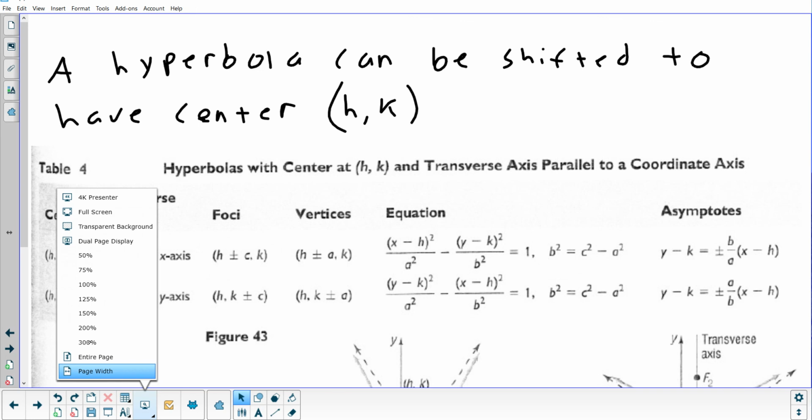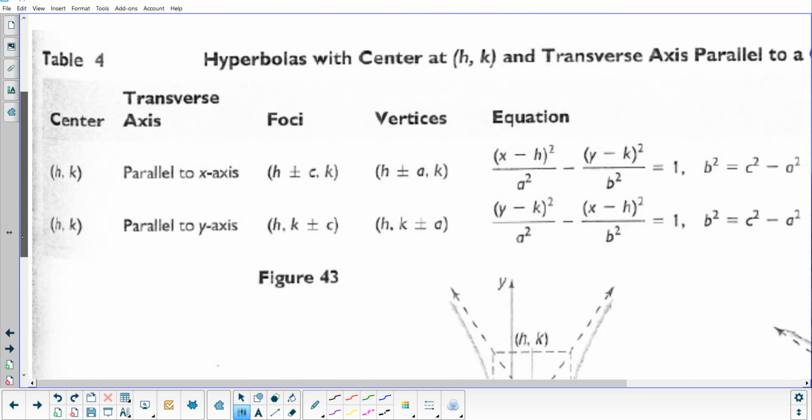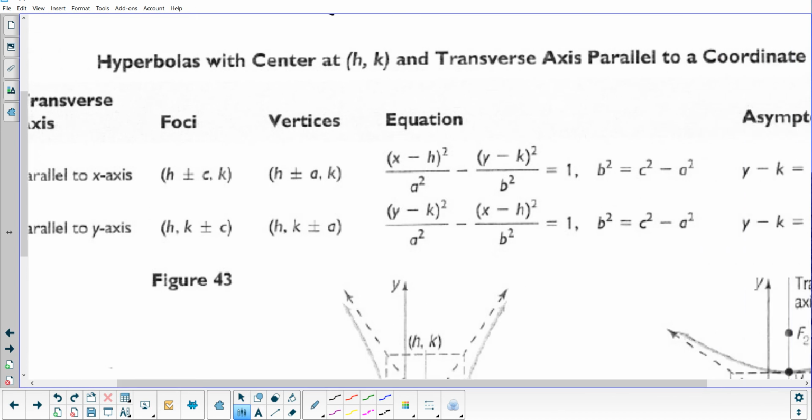So, let's look at the last thing. We can shift the hyperbola, and we can have the center at (h, k). And the book gives you this whole chart of how you can fill it all out. I don't think you need any of that chart. It just complicates it. It's like a lot of stuff to try to memorize. So, all you have to know is this.